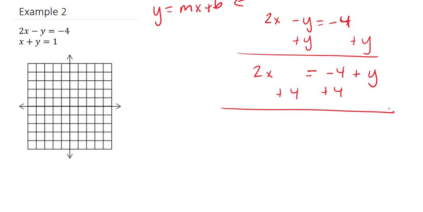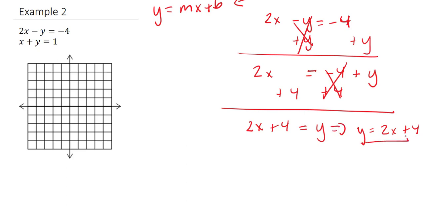So now we have 2x plus 4 equals y, because this is just 0. Or it could be written as, right, so we'll flip it. So here's our first equation.